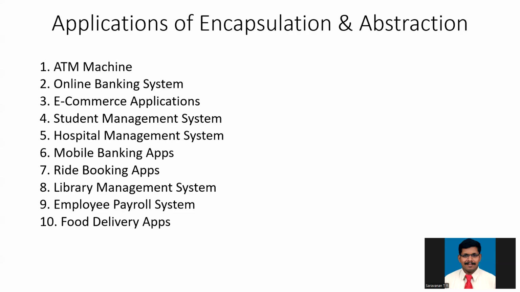Abstraction can be performed using abstract classes and interfaces, and it hides the complexity. We don't know what is done in the background. Only what we need is provided. That is called abstraction. And what the background process does, that is done by protecting the data or not providing information to others. That is called encapsulation.